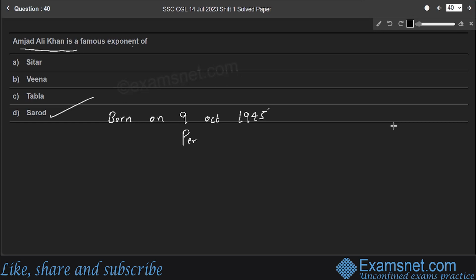He was awarded India's second highest civilian award, Padma Vibhushan, in 2001. He first performed in the United States in 1963.